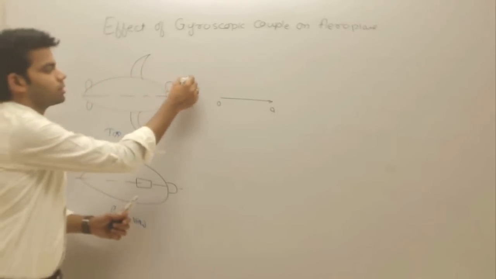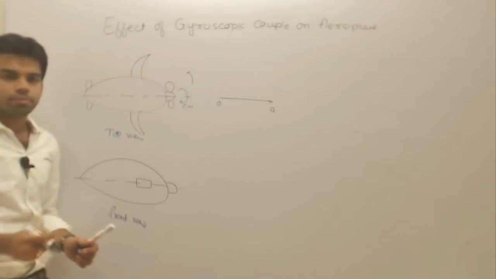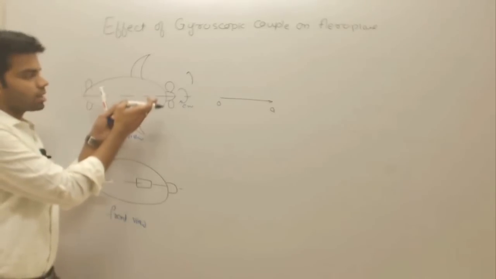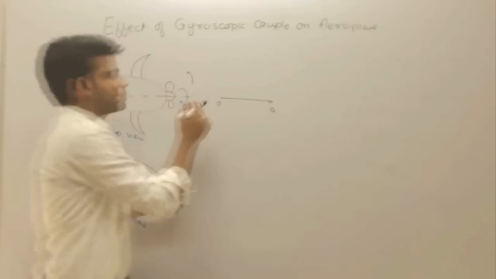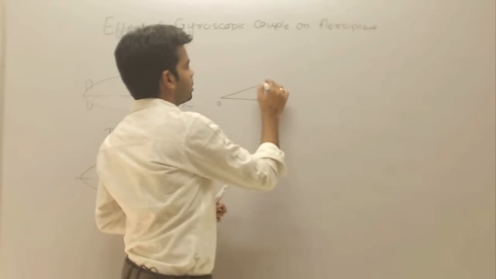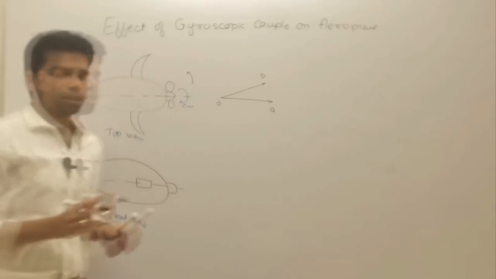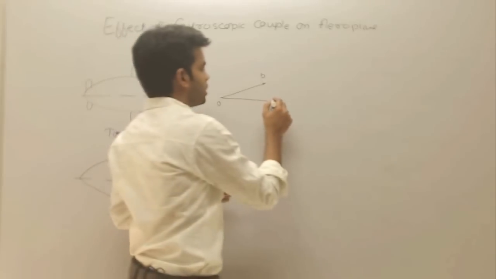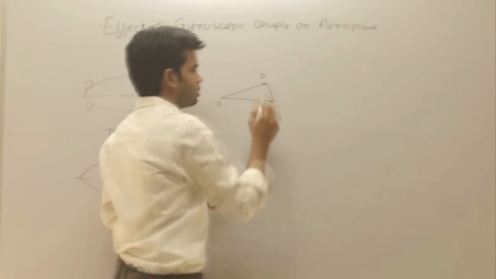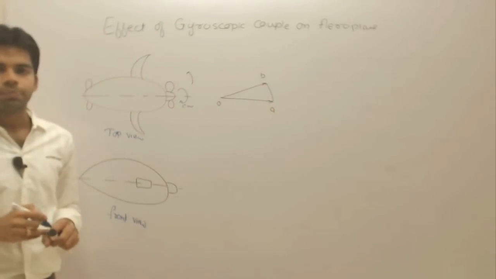Now what if this aeroplane is taking a left turn? This rotor will turn left. So what will be the final angular velocity vector? It will be like this, OB. Getting this or not? Okay, so the change in angular velocity or angular acceleration is AB.